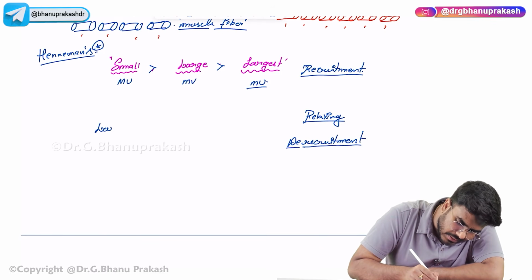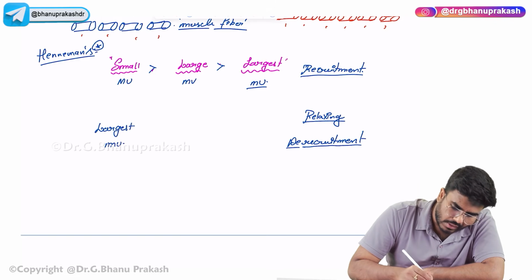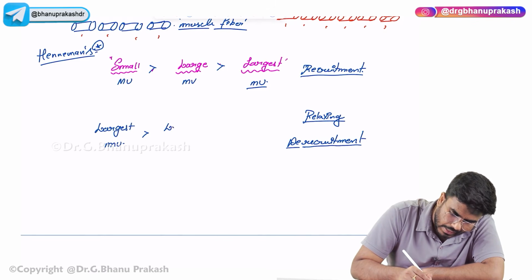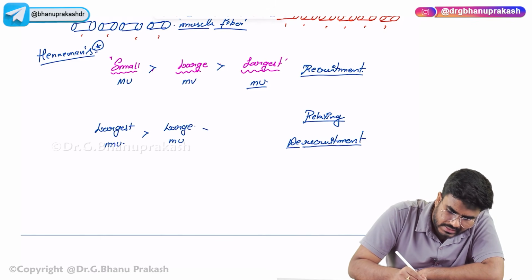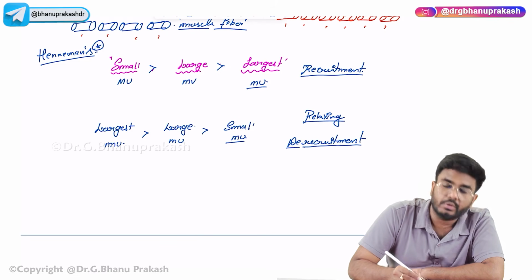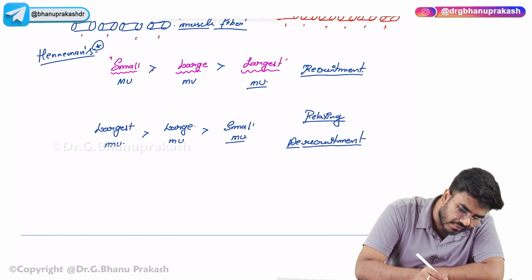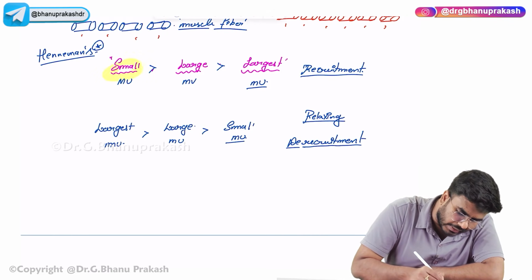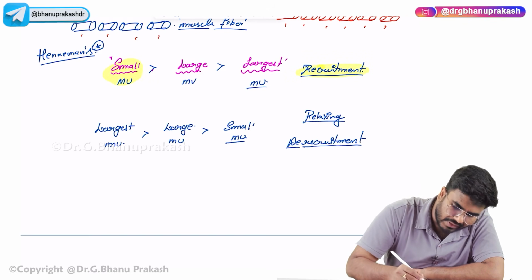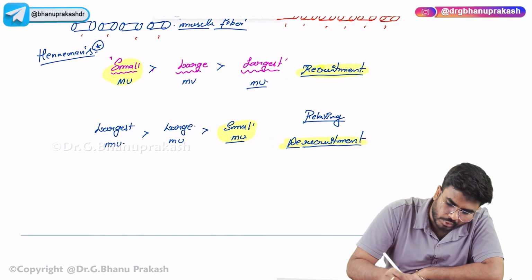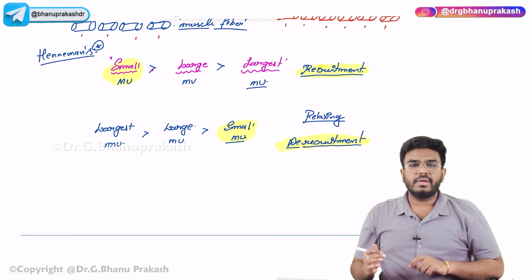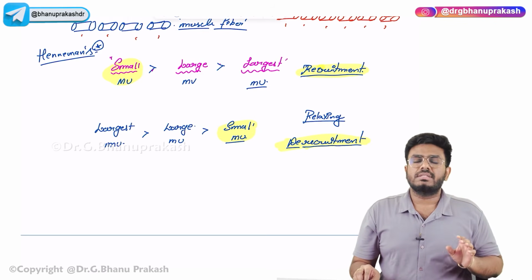First, the largest motor units will be de-recruited, followed by large motor units, and next small motor units are de-recruited last. So the one which is recruited first is the one which is de-recruited last.